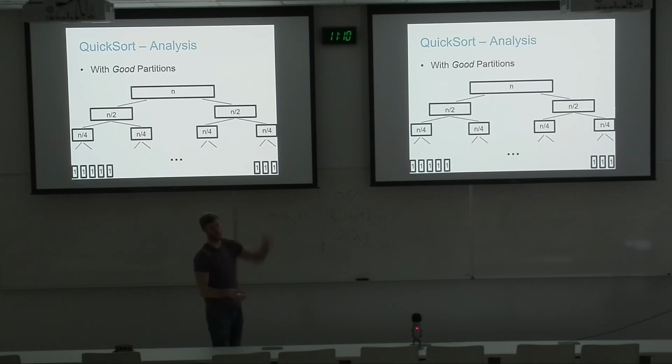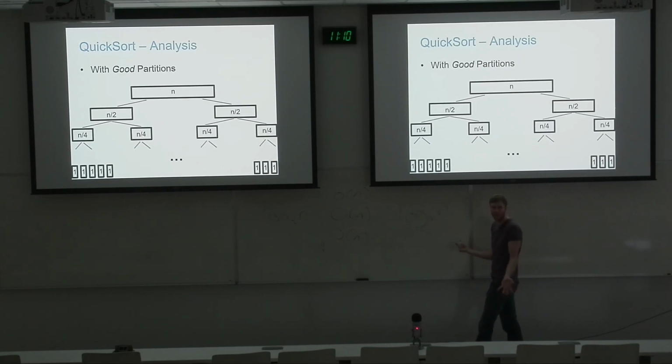So I have log base 2 of n layers, that's the depth, and for each layer I have to do linear work. So it's going to be log base 2 of n times n. A lot of times we like to write the n out front. That's it. That's for the partitions.